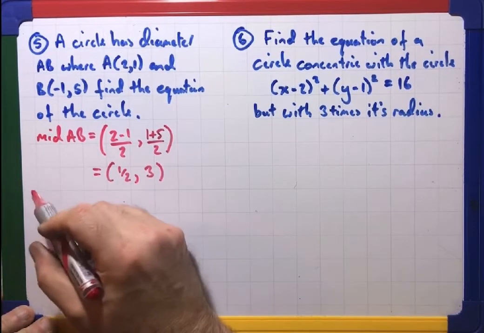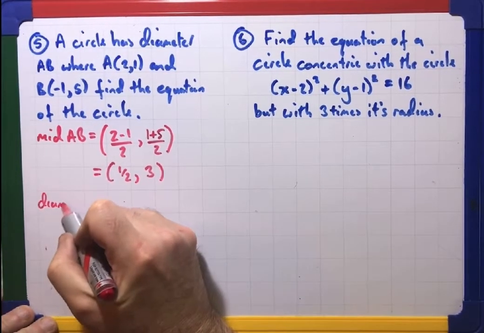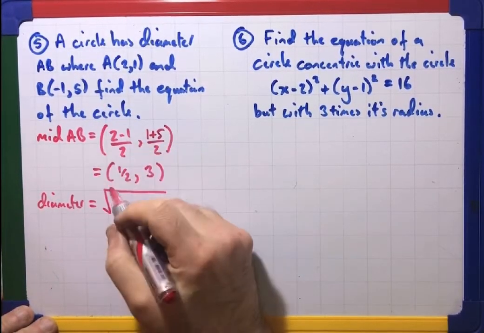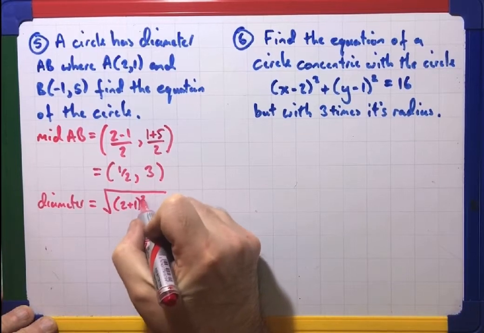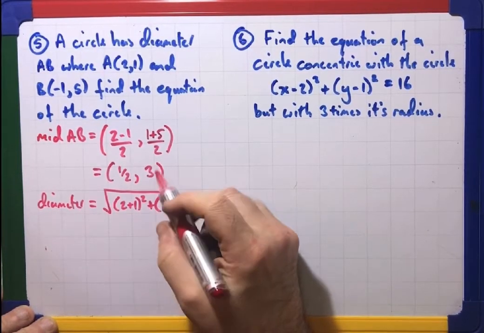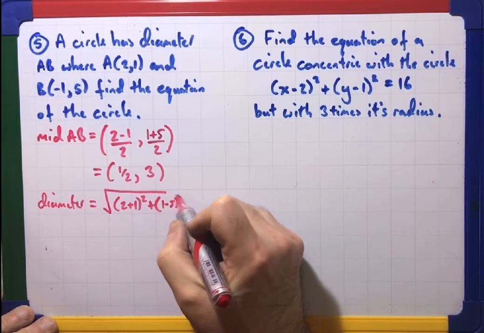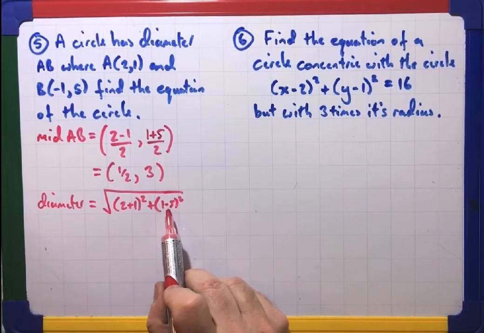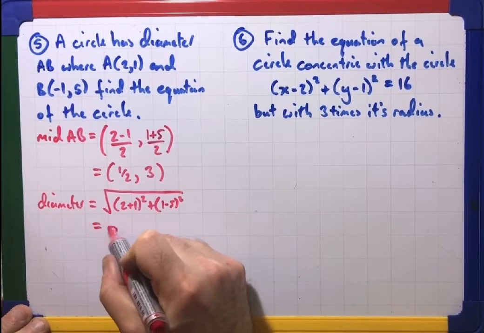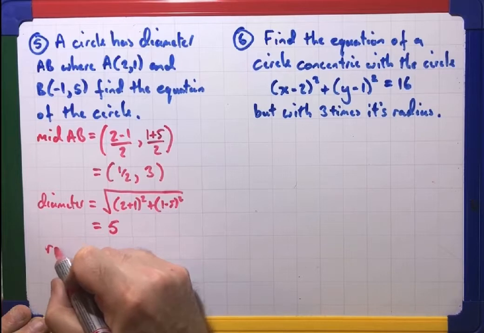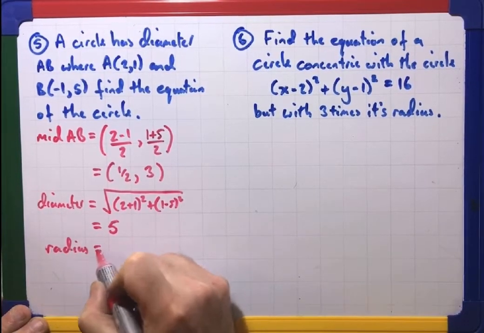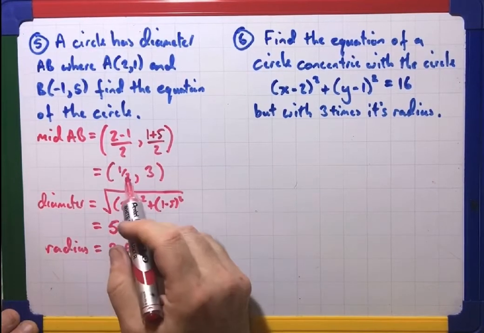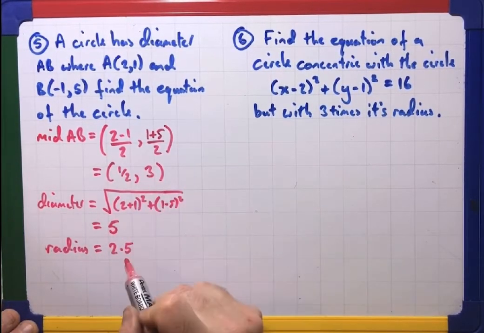Also, the diameter would be the distance from A to B, which is (2 + 1)² + (1 − 5)². So that's 3² plus, well, minus 4², which is 4². That's going to be 5. So the radius is half of that, isn't it? Right, so now we can write it down. That's a, that's b, that's r.